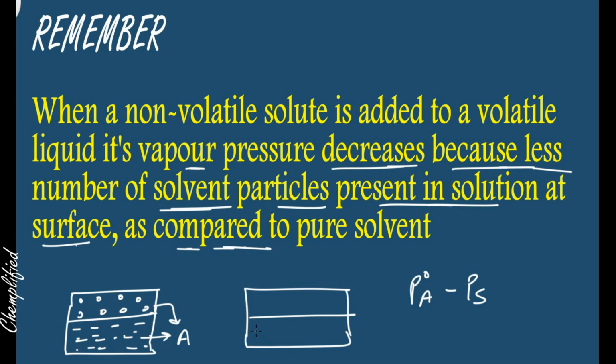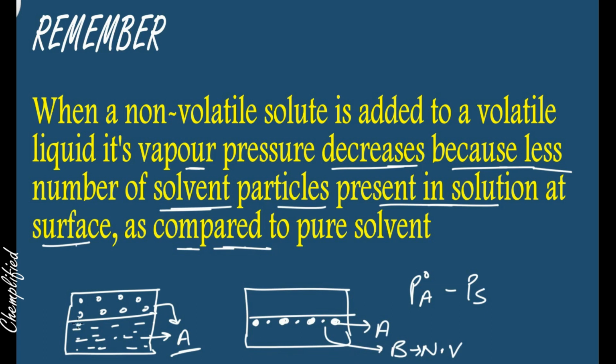Now you dissolve a non-volatile solute in component A. In this case, non-volatile solute particles will also be present at the surface, right? This is A particles and this is B particles, non-volatile solute. B is non-volatile, right? Try to understand this.